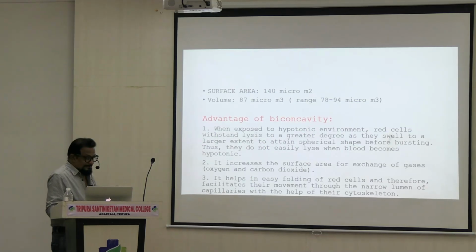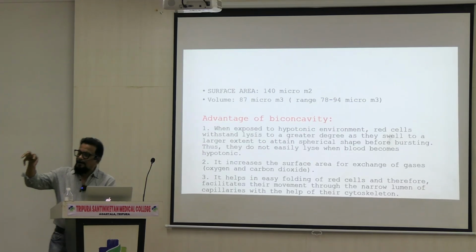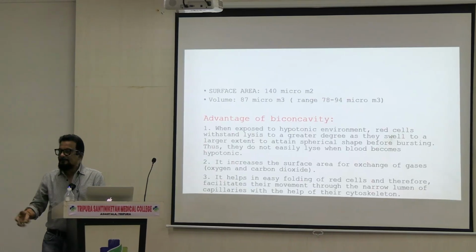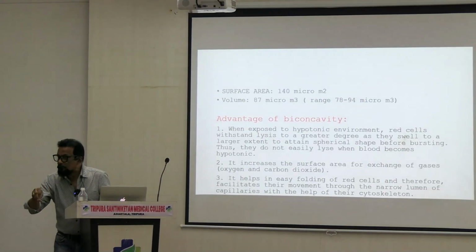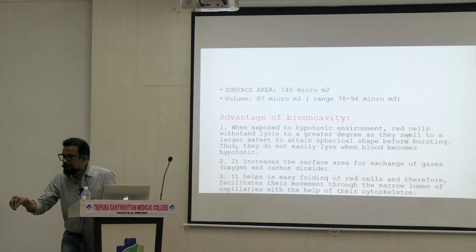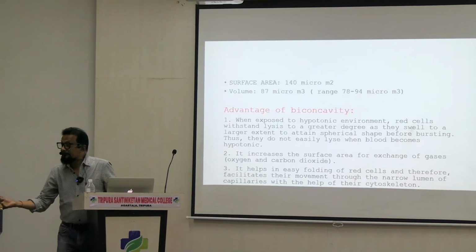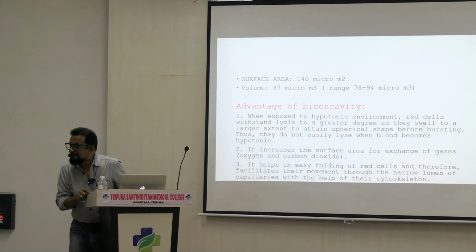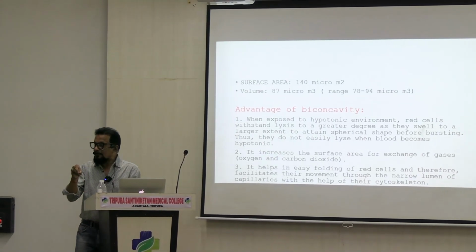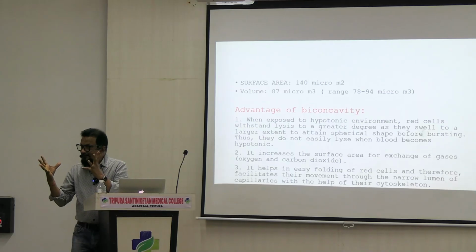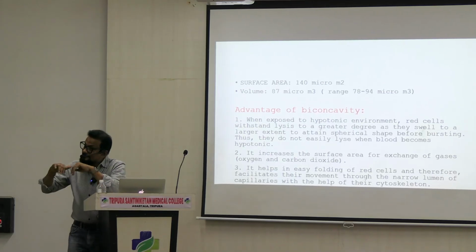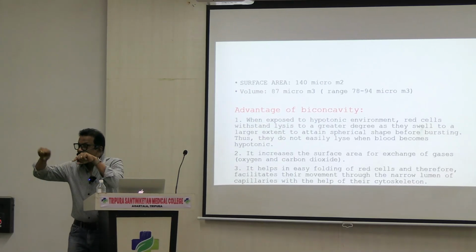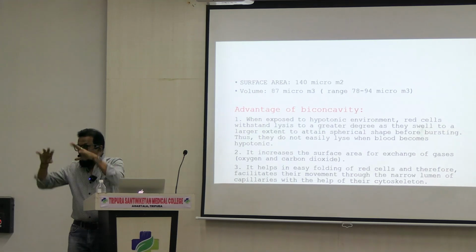And another thing, when an RBC, you have studied it, is placed in a hypotonic solution, in isotonic solution, and in hypertonic solution, what happens to the RBC? In hypotonic solution, RBC swells. So, it can swell. Why? Because it is having a lot of surface.